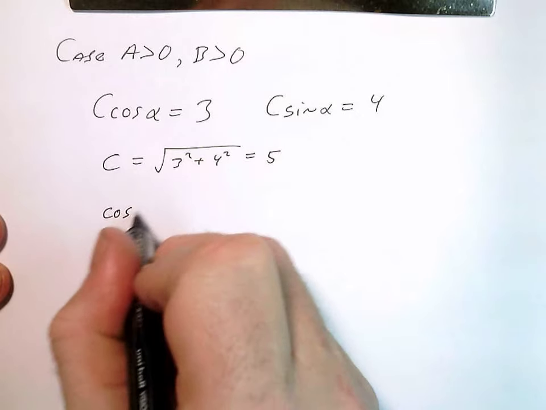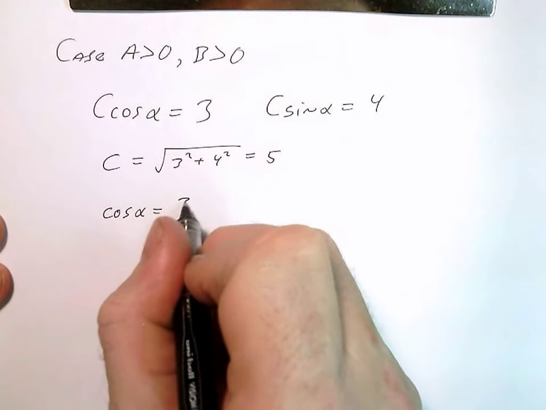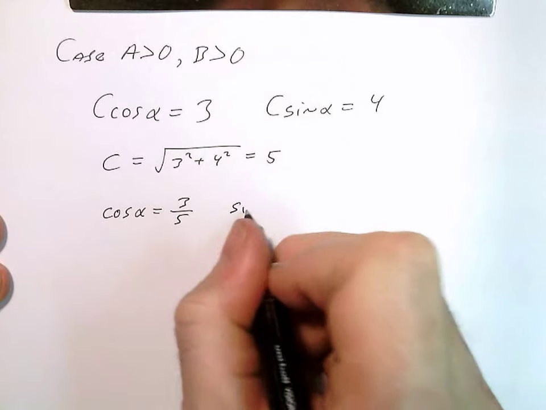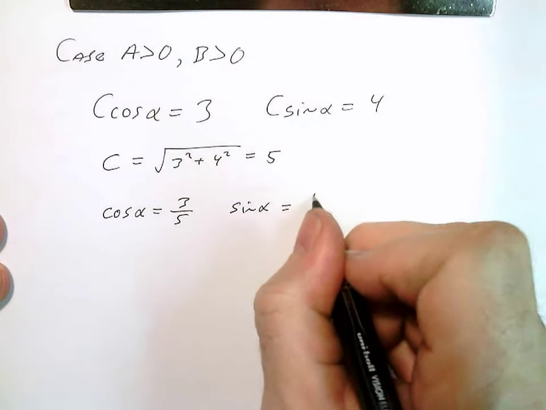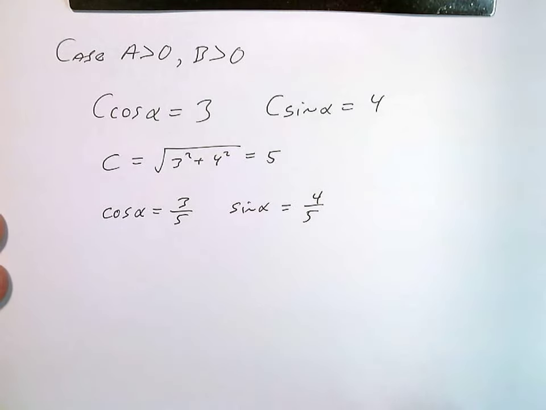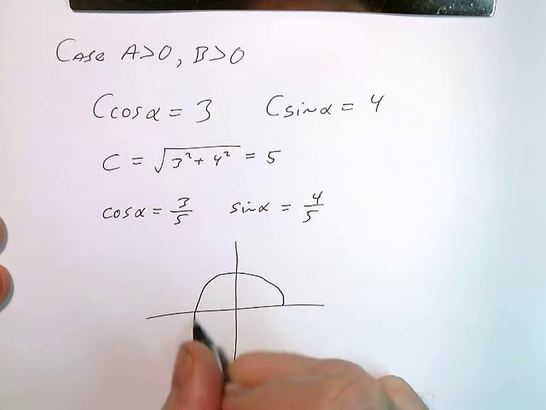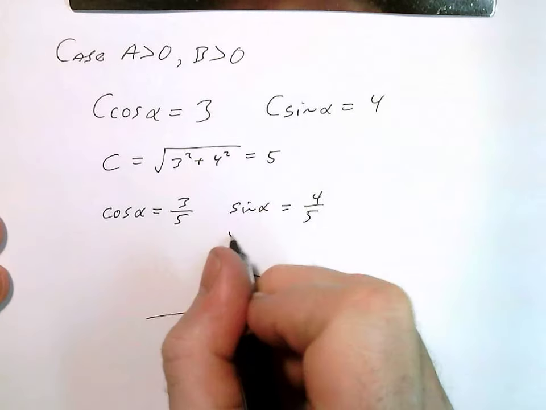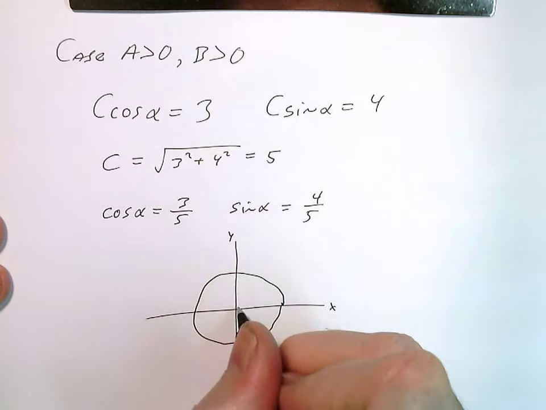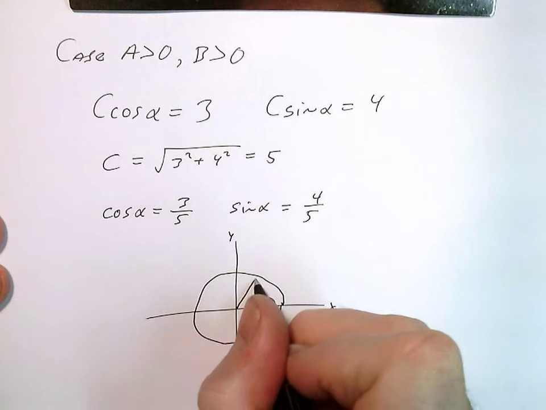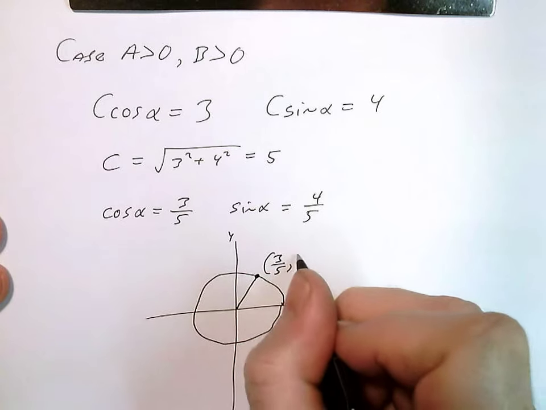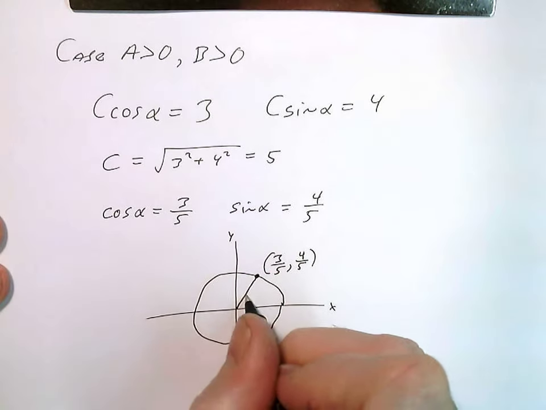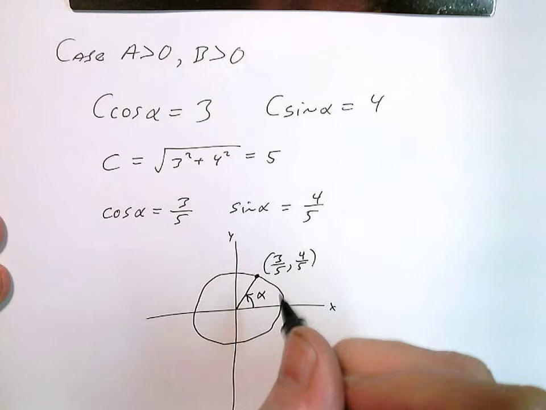So I have cosine of alpha is going to be 3/5, and the sine of alpha is going to be 4/5. Right? And I think about my unit circle. So I have my x and y. So I'm going to have right here, this is a point 3/5, 4/5, and this is my alpha.